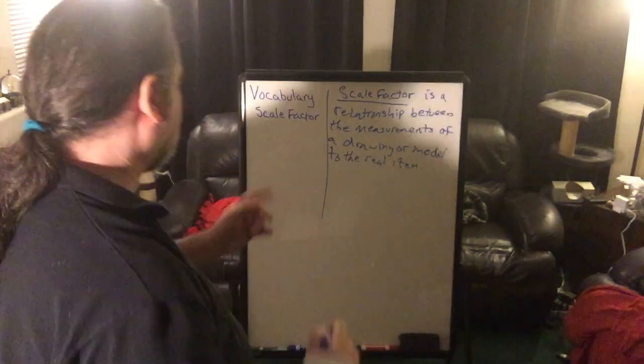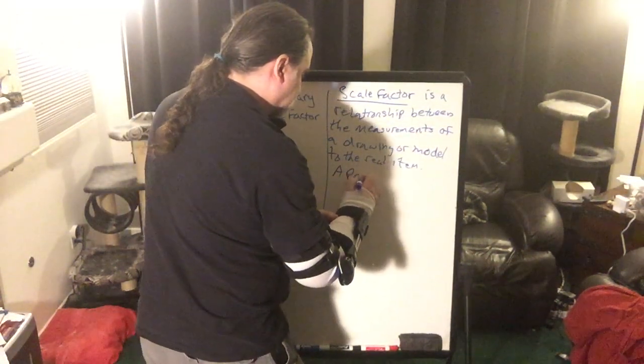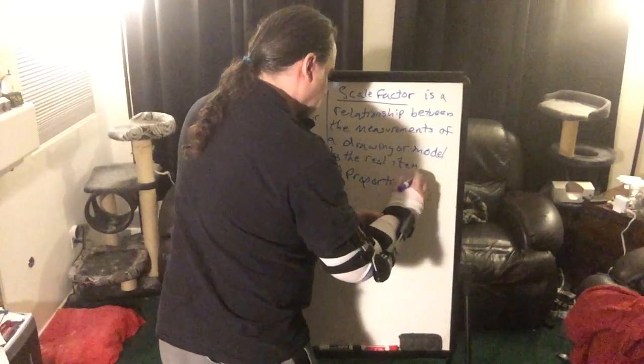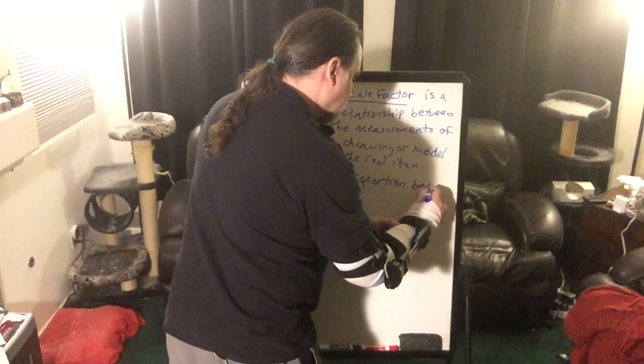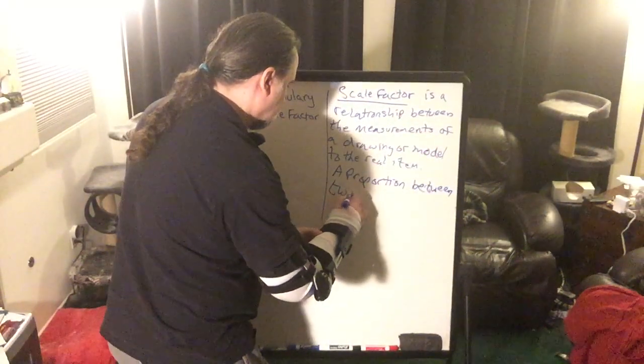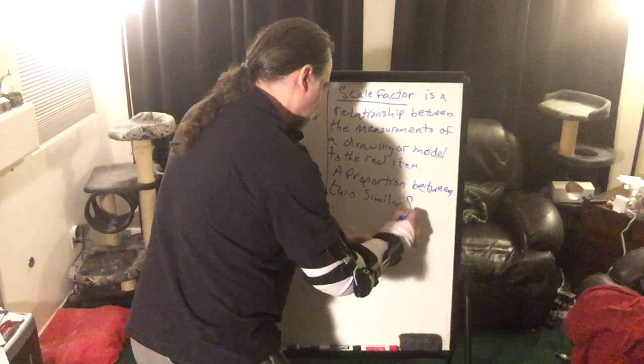Now, the other thing it can be is a proportion between two similar shapes.